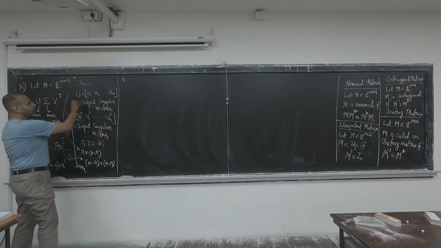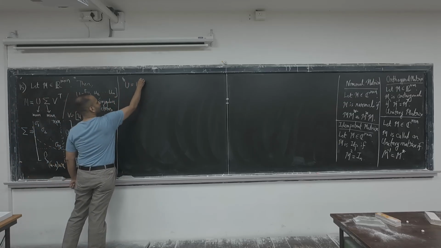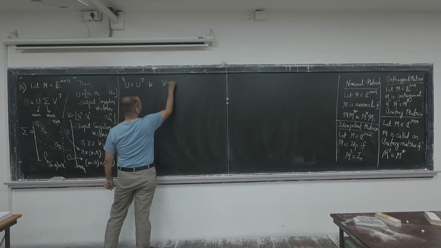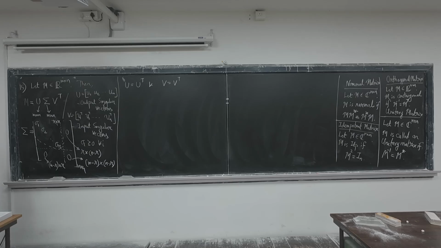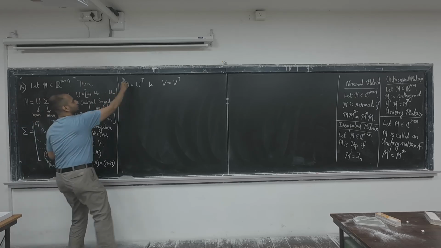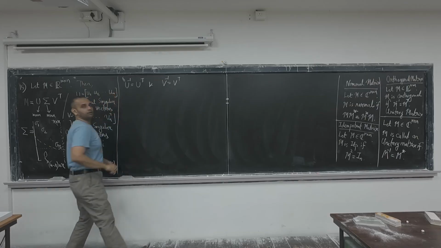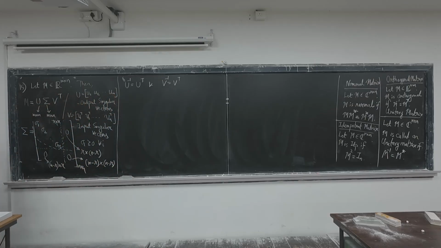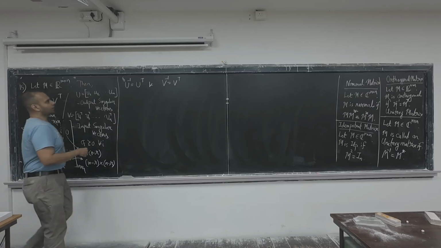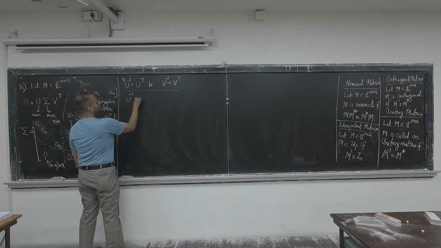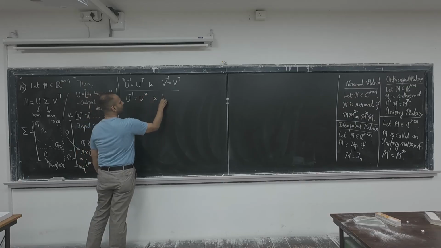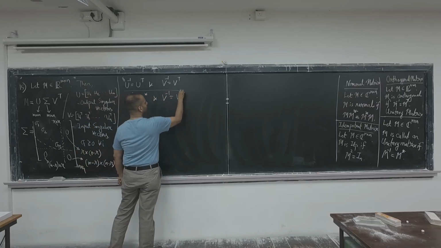That means U will satisfy the property U inverse equals U transpose and V inverse equals V transpose. In that relation, I asked you those questions, okay? So if it is real, then it will be transpose, and if it is complex, then U inverse would equal U star as well as V inverse would equal V star.